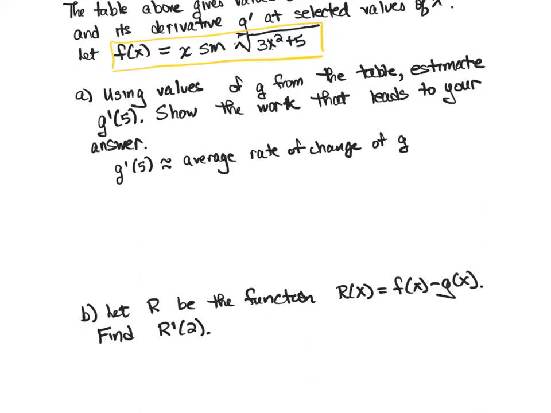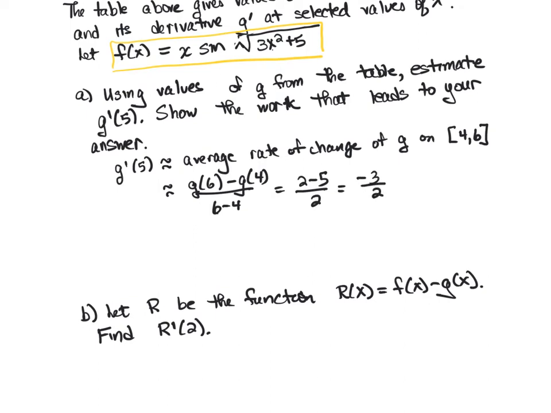So that interval would be from 4 to 6. That's simply the slope of the secant line. It's the closest we could get to the slope of the tangent line. That's g of 6 minus g of 4 over 6 minus 4, which gives us 2 minus 5 over 2, if we look it up in the chart, and the answer is negative 3/2.